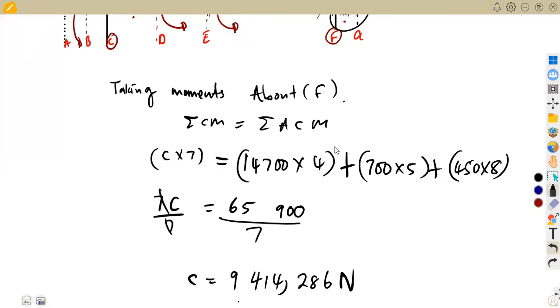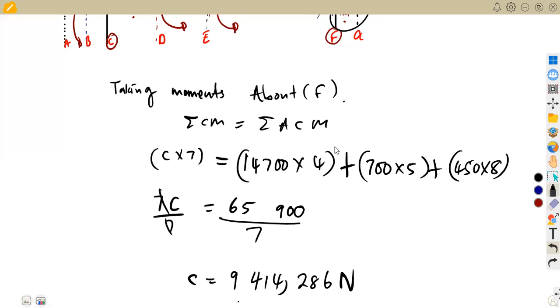Then you can test your answers. But as I always say, the testing of answers is not a guarantee that your question is correct. No. If you worked one value wrong and you used that value to work another value, it is going to balance because of this equation concept, where there is something that you worked, and there is another one that you worked.